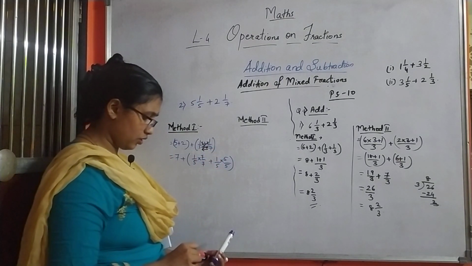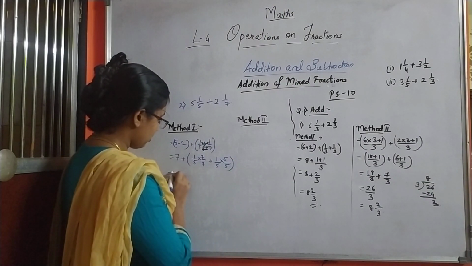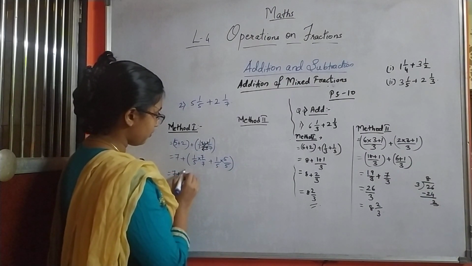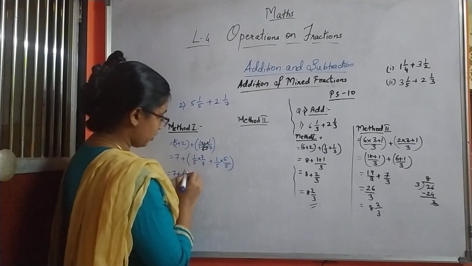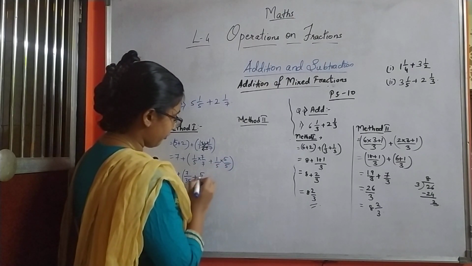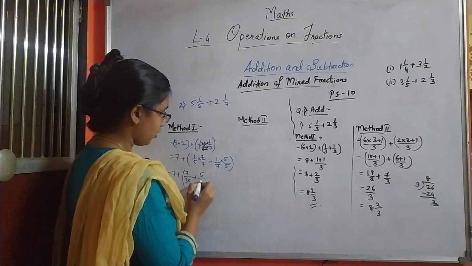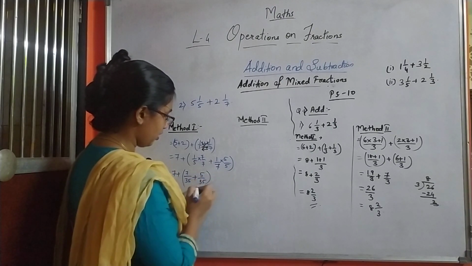Got it? Understood? Now, the answer I will get is 7 plus 1 into 7, 7 1s are 7, sorry, slight mistake, 7 5s are 35.